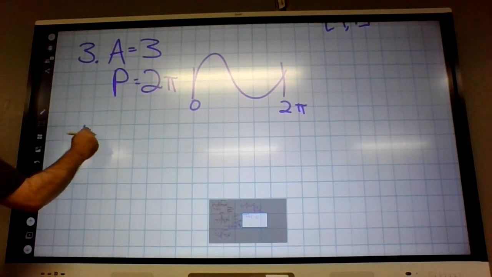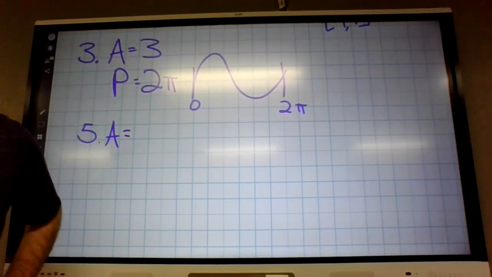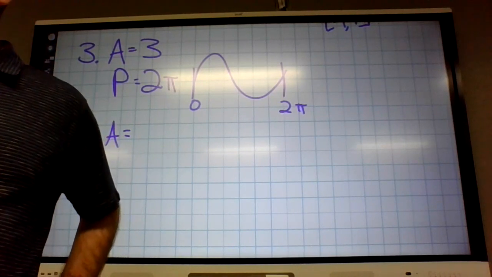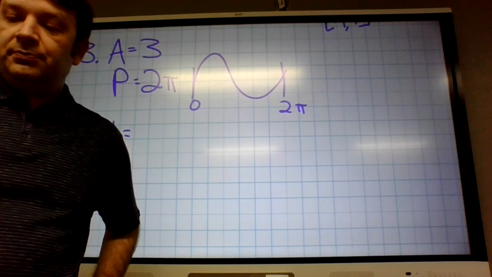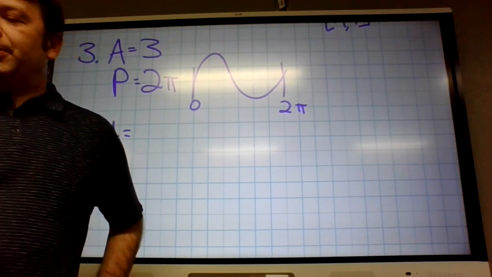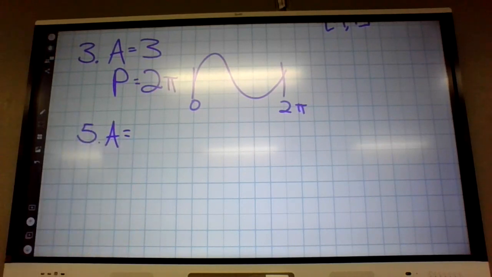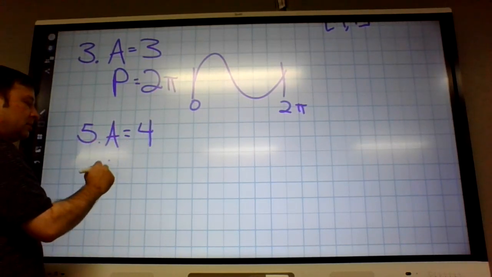Okay, number 5. What is the amplitude? How high and low does it go? 4. By the way, the amplitude is never negative. You just put 4. Okay, the period.